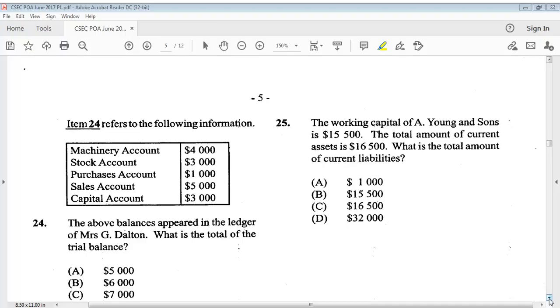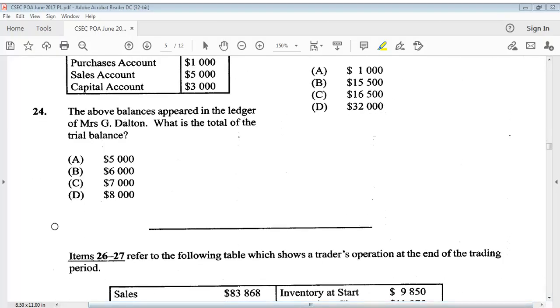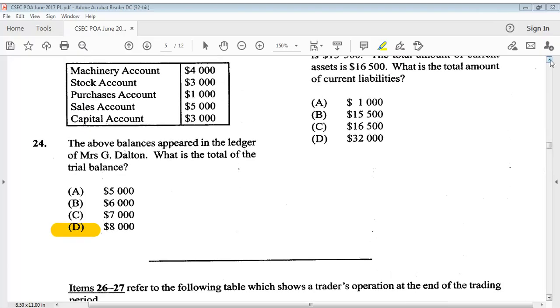Machinery account is $4,000 debit. Stock is $3,000 debit, and capital $3,000 is credit. Our two credit figures, sales $5,000 and capital $3,000, add up to $8,000. On our debit side, purchases, machinery and stock add up to $8,000. So the total of the trial balance is D, $8,000. Let's go on to number 25.